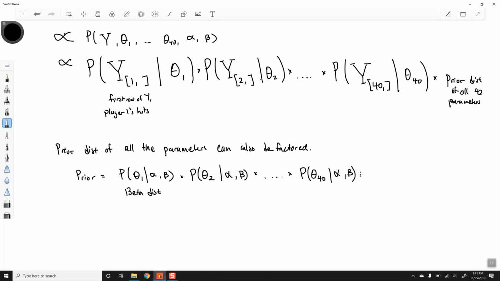And now we need the prior distribution of alpha and beta. Now this itself might have a prior probability distribution, but to keep things easy, we're going to say this is an uninformative prior, meaning that it is a constant value.